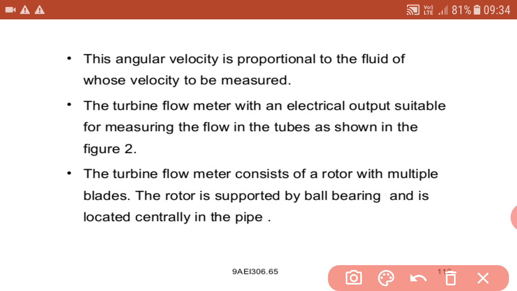This angular velocity is proportional to the velocity of the fluid which is to be measured. So the angular velocity is directly proportional to the velocity of the fluid, and the fluid velocity is given by the angular velocity.